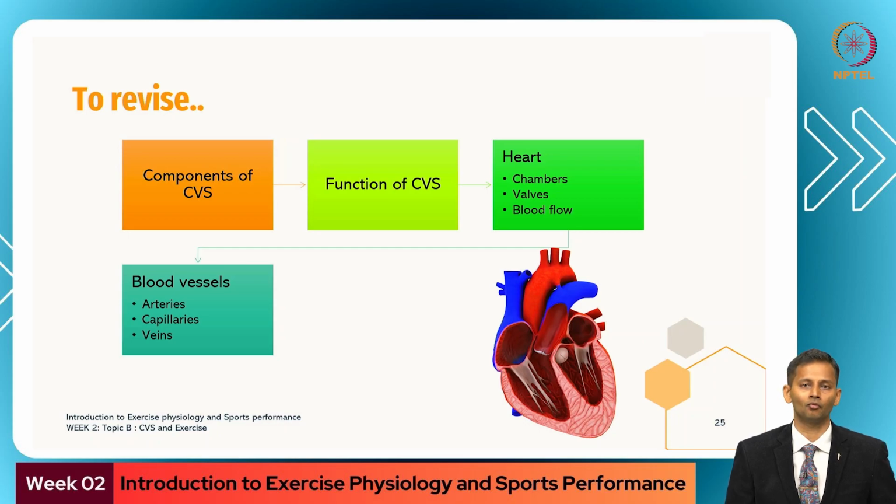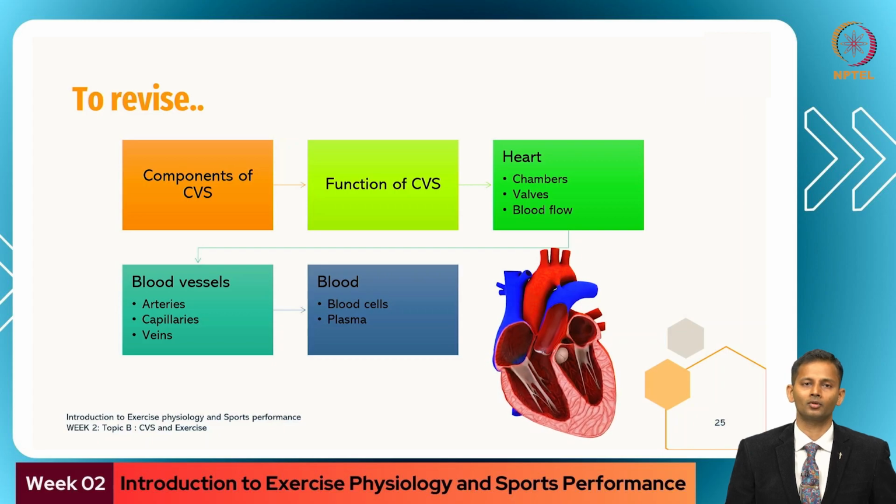The wall of the capillaries has a single layer of cells for easy diffusion and transport of nutrients and gases. We saw how the deoxygenated blood moves into the venules, the veins, and thereafter into the right side of the heart through the superior and inferior vena cava.